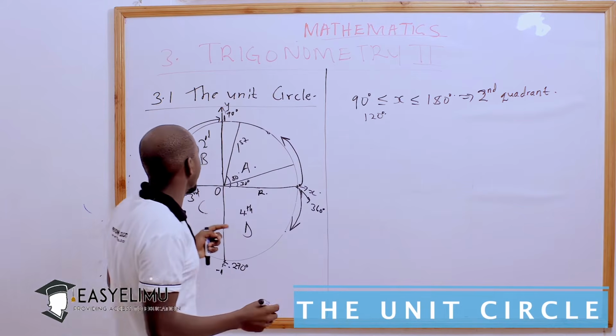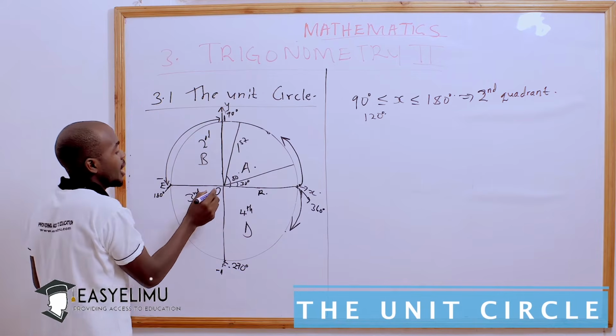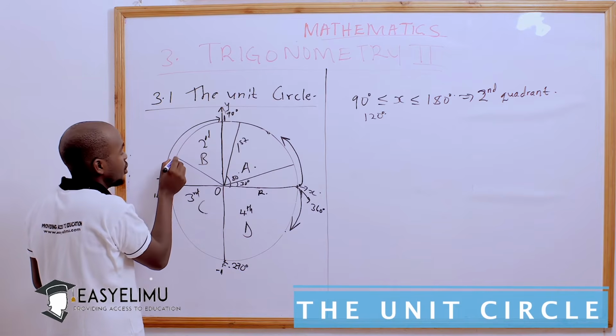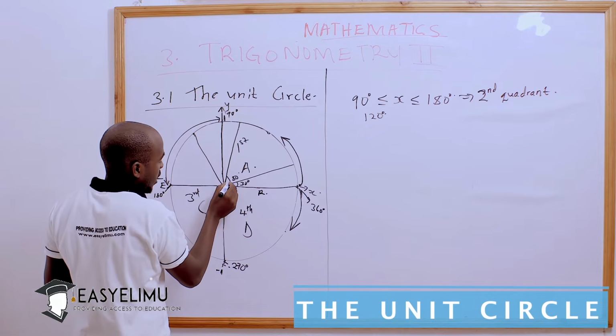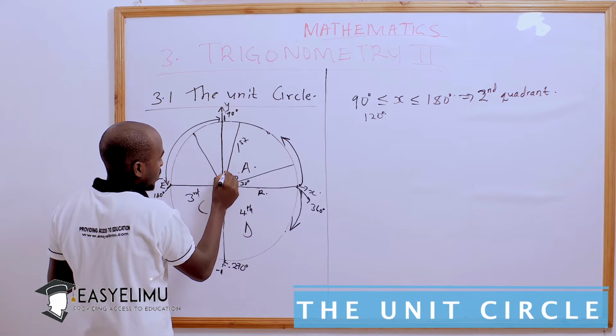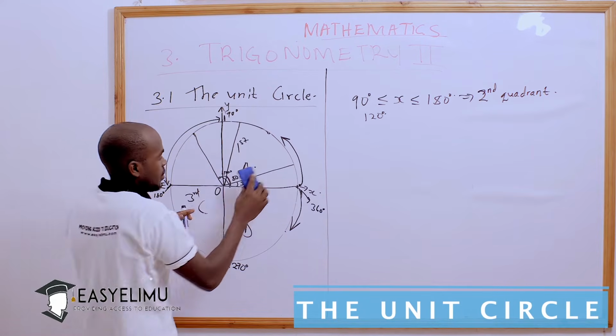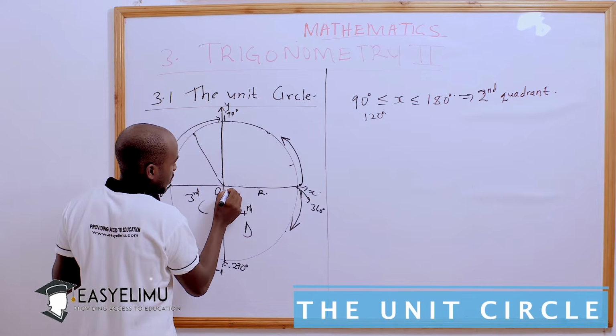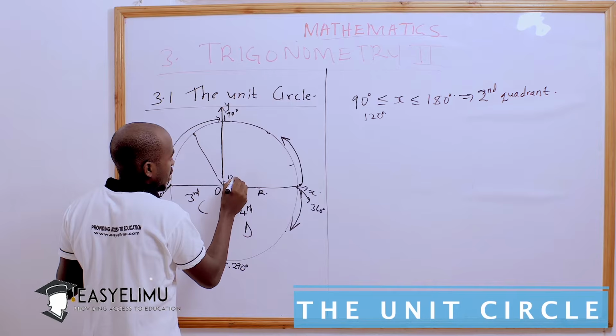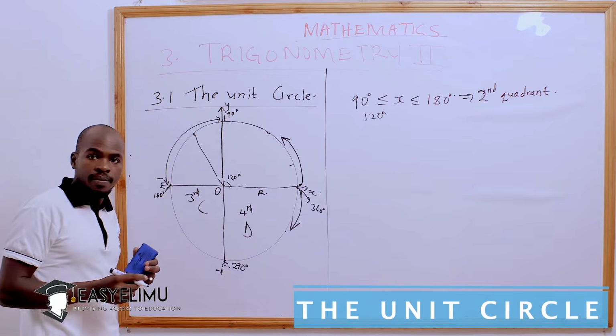If you draw 120 degrees, you are going to find that it will lie at this point, for example. Let me remove this one for easier clarification. So this angle here may be 120 degrees.